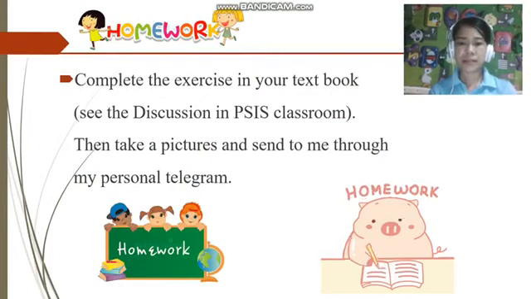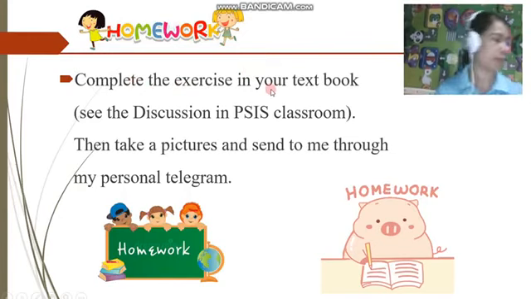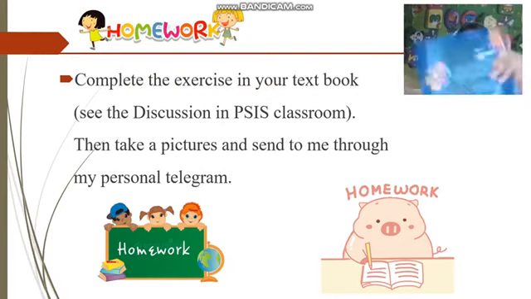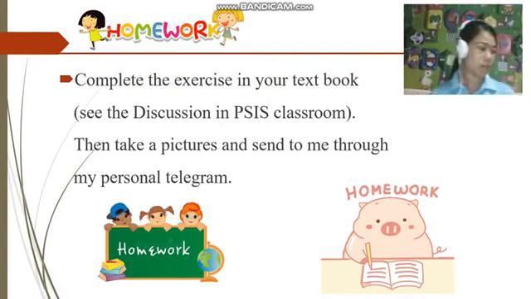Okay, finally we have come to an end already. So this is homework. Here, I want you to complete the exercise in your textbook. This is the grade 2 textbook and this is grade 3. So you can go to your textbook, okay?